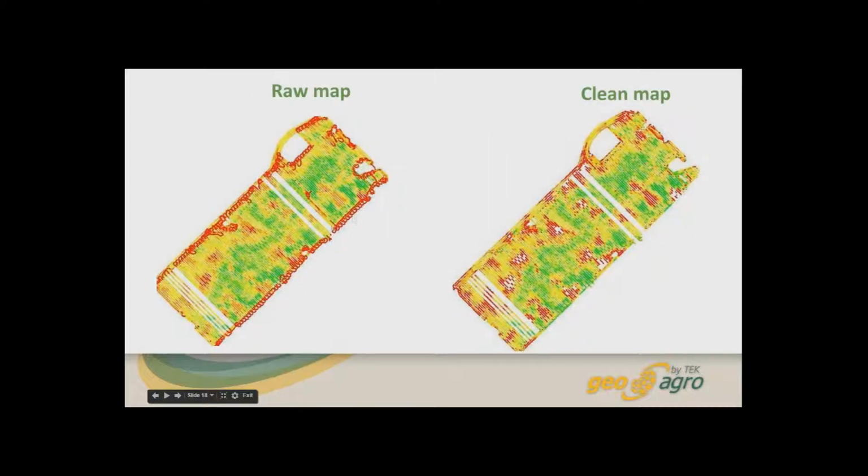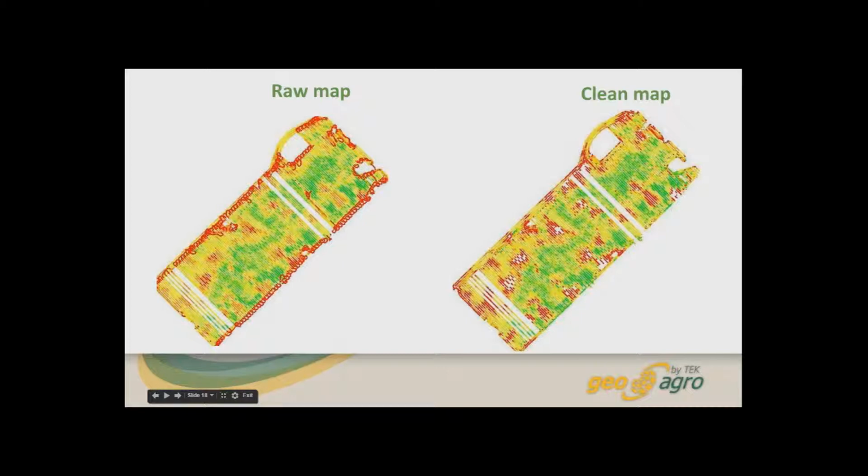This is an example of what we said before. You have a raw data map where you have all the data from the yield monitor, and you have a clean map where that data has been removed. So this data on the right is useful to do data analysis.